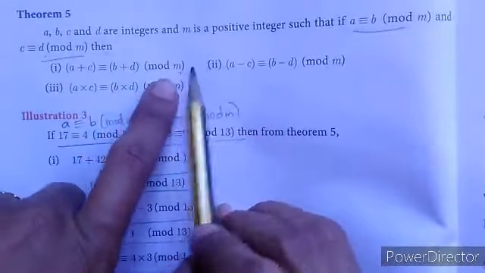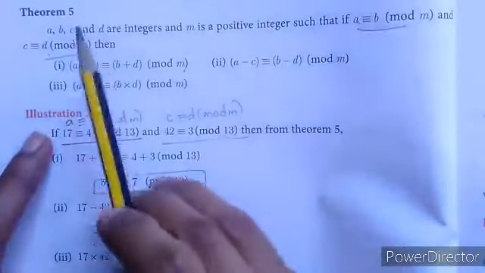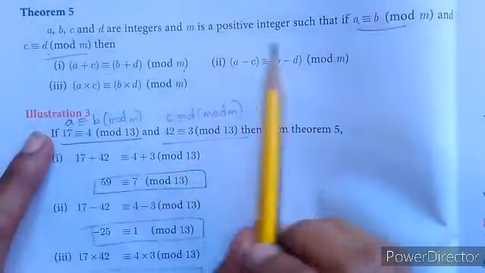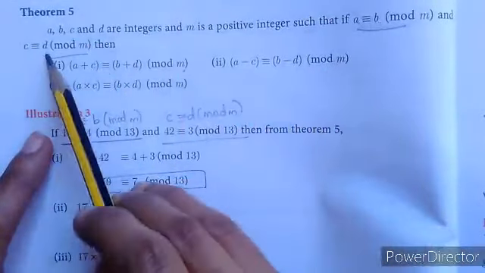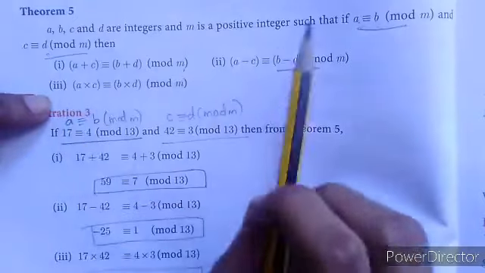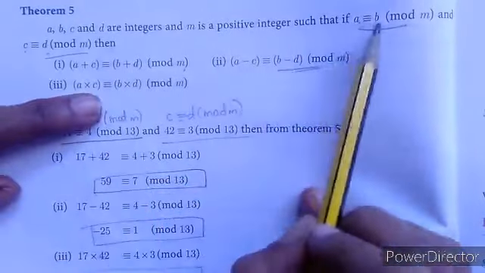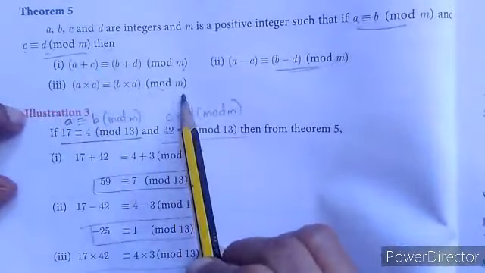Second one is subtraction: a minus c congruent to b minus d mod m. Third one, multiplication: a into c congruent to b into d mod m.